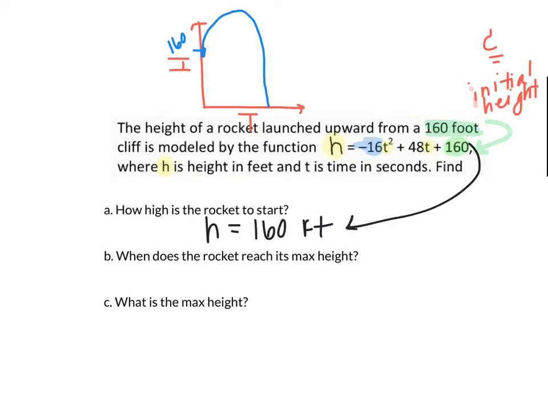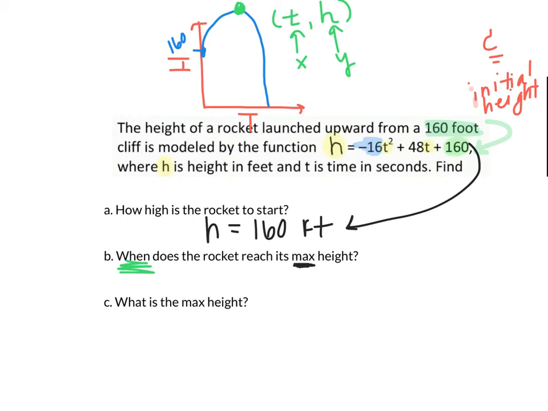When does the rocket reach its maximum height? So again, there's that keyword maximum. So we know that that is going to be the vertex. And a vertex has a coordinate, right? In this case, the x coordinate is the time, and the y coordinate is the height. So if they want to know when, that means I want the x coordinate.